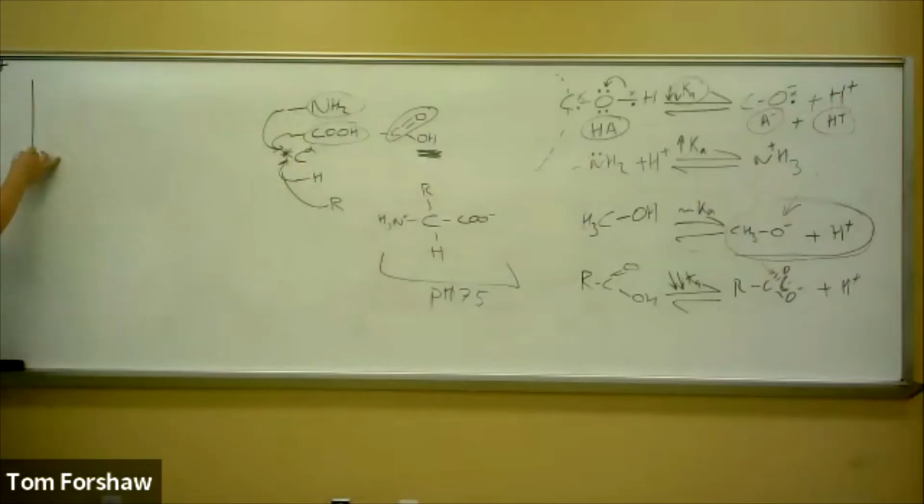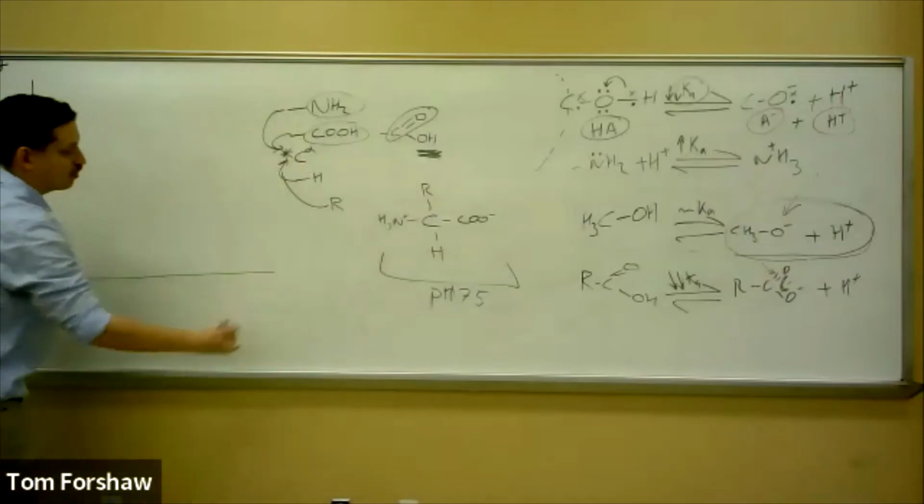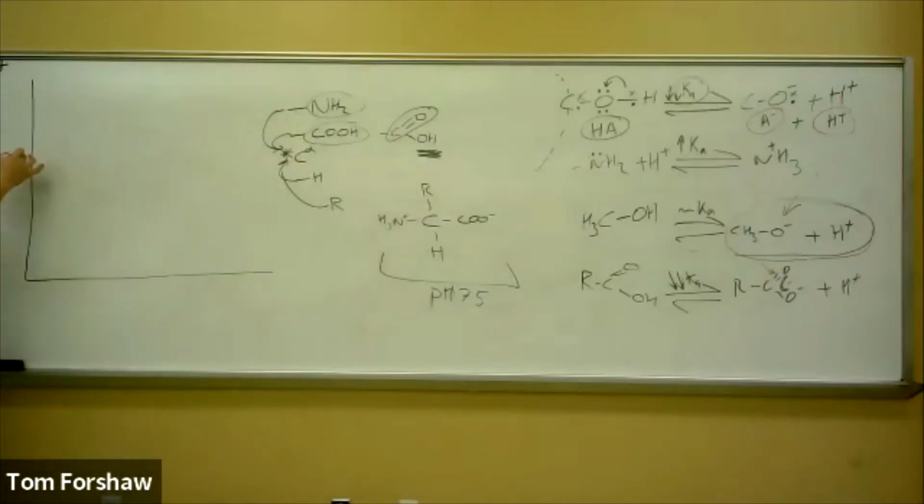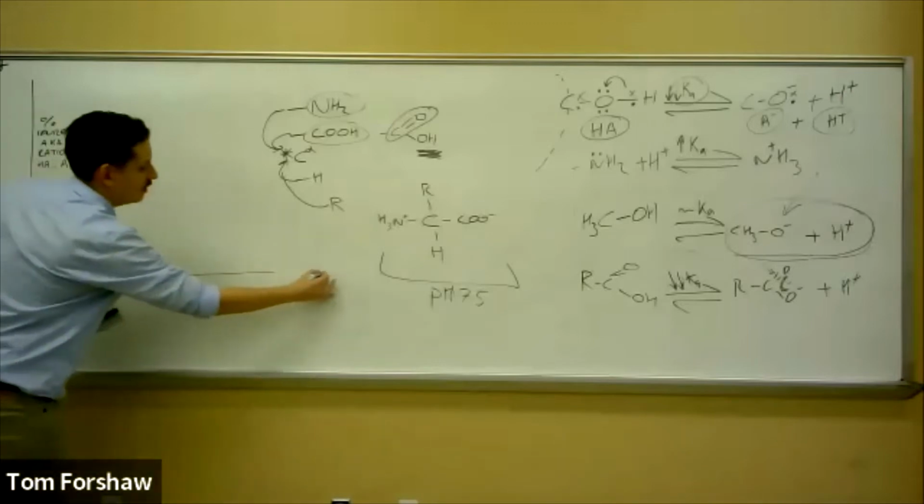So if we take this as a graph, along the y-axis let's put percentage ionized, also known as the ratio of HA to A minus plus H plus, I guess. That's what we've got on the y-axis.